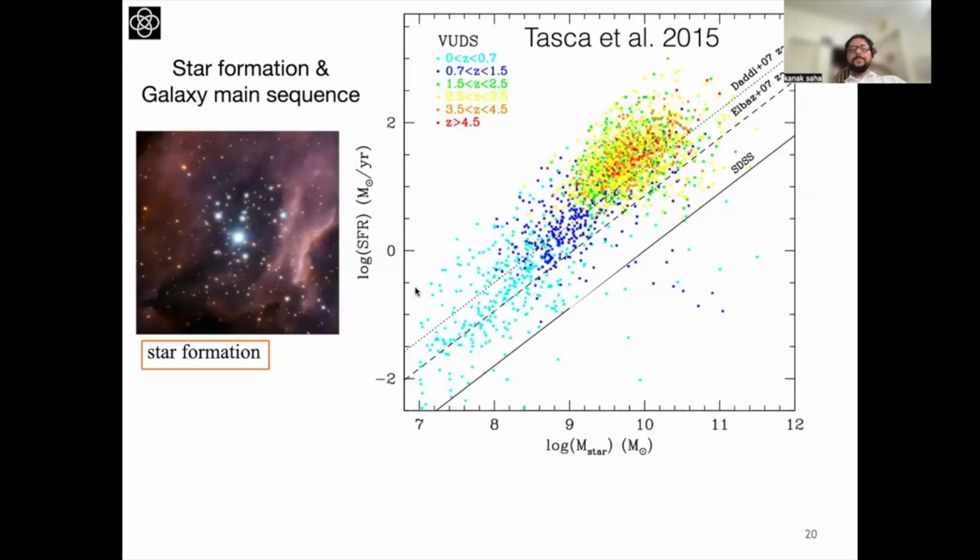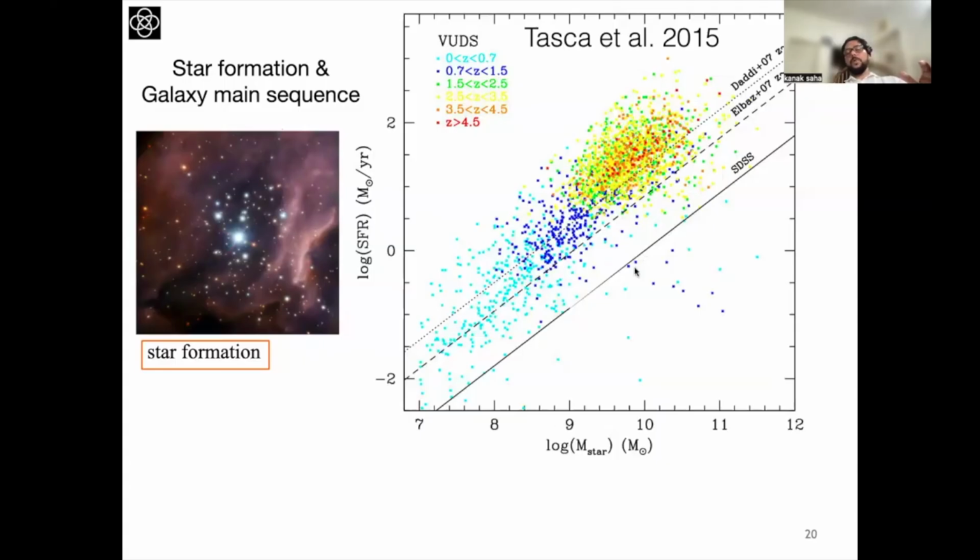in galaxies. So one can estimate the star formation rate, which is plotted on the y-axis, and on the x-axis is plotted the stellar mass of the host galaxy. What we know from the SDSS, the Sloan Digital Sky Survey, is that the star formation rate follows the stellar mass.